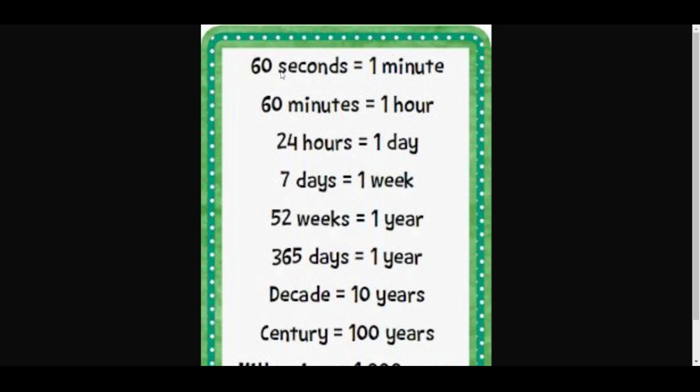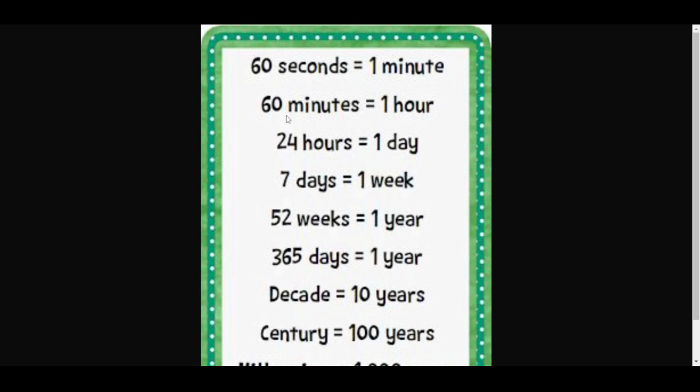Whenever a clock completes 60 seconds, that turns into 1 minute. This is the conversion, or equivalent value. So 1 minute is 60 seconds.